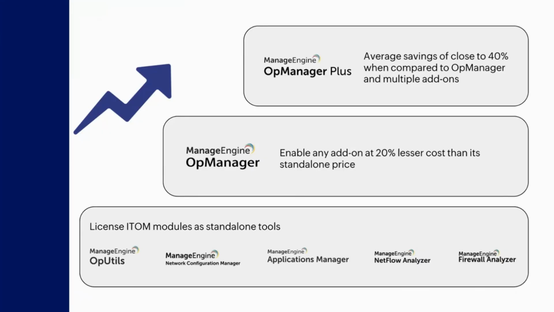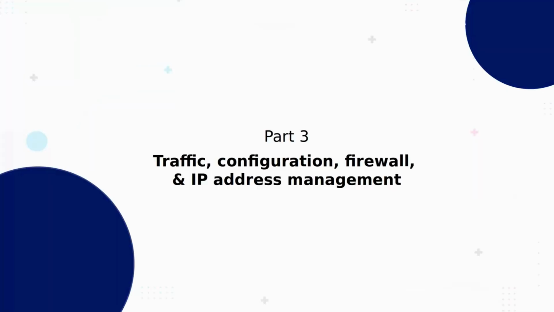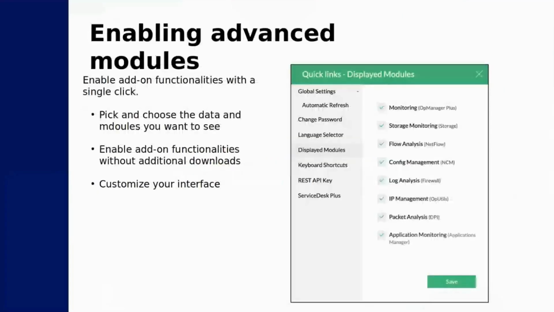OpUtils is the IP address management and switch port mapper. When you go for a bundled package, you can find a difference in the pricing, as this seems to be more reasonable and suitable when you go with multiple add-ons together on a single product. So today, the first topics are going to be traffic, configuration, firewall, and IP address management.